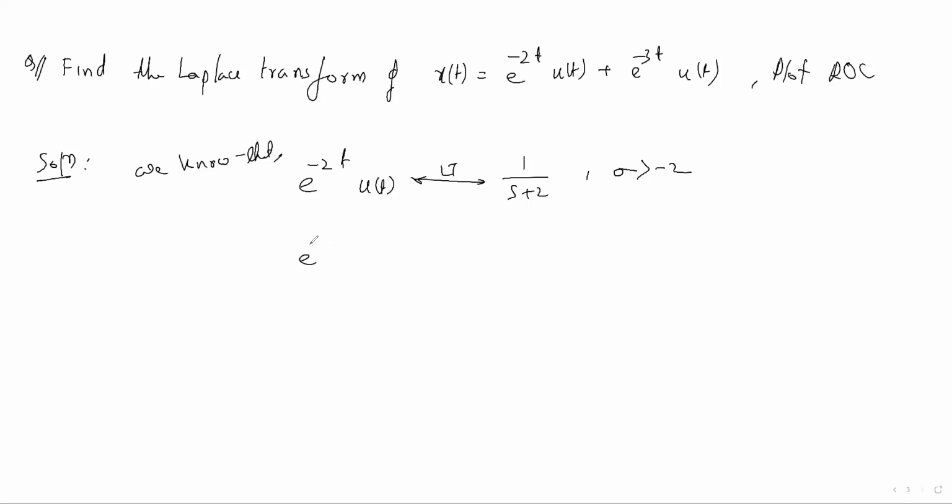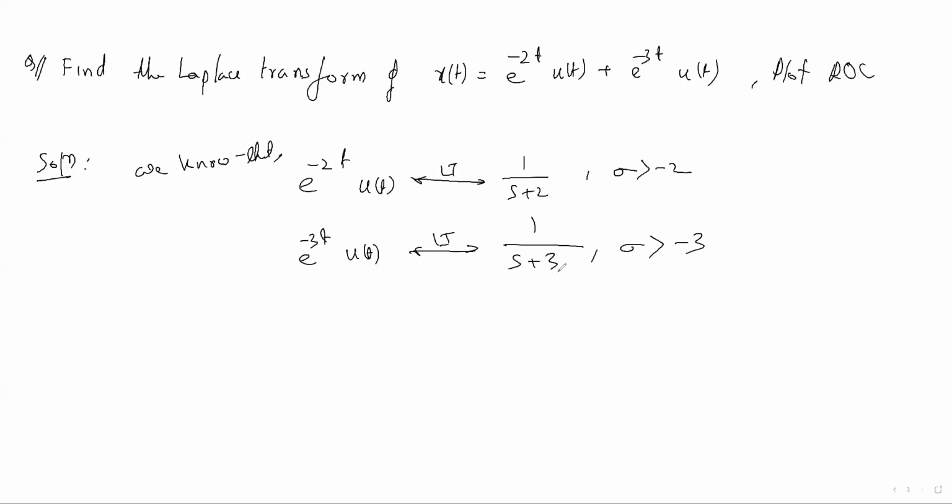Similarly, if it is given as e to the power minus 3t u of t, what is the Laplace transform? The Laplace transform is nothing but 1 by s plus 3. Okay. Now, what is the ROC for this signal? ROC should be sigma greater than minus 3. Okay. So we have got the Laplace transform of this signal.